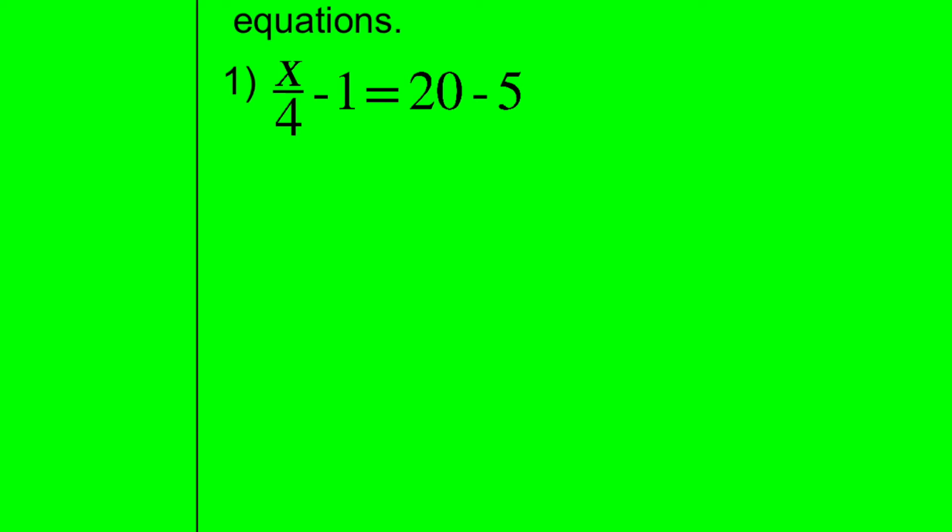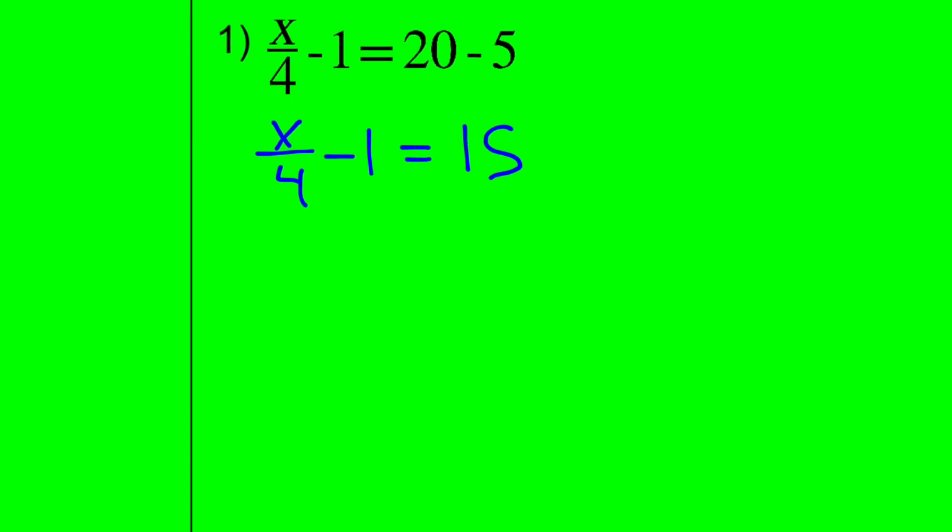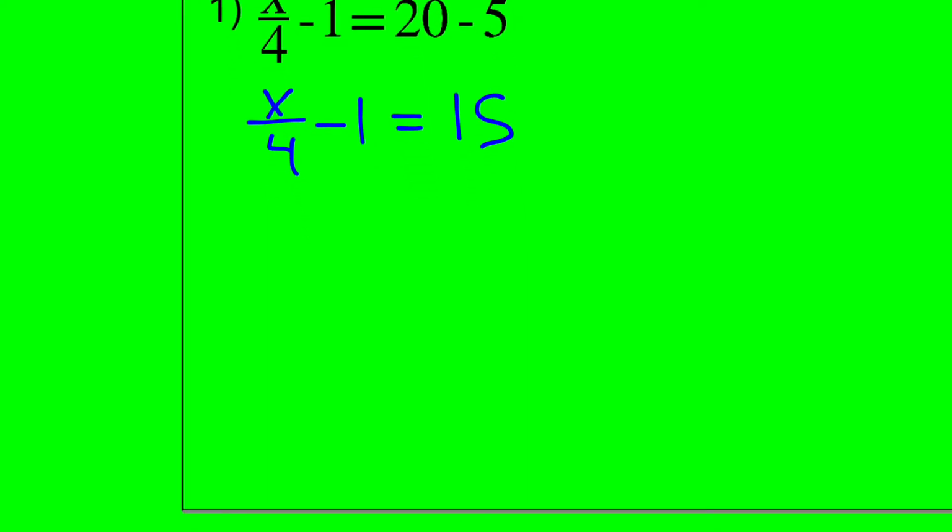So what I would do first is I would rewrite this as x divided by 4 minus 1 equals 20 minus 5 is 15. And then what you have there is a two-step equation that has division and subtraction in it, and you would solve it as you typically would. Add 1 to both sides, and you get x divided by 4 equals 16. And then multiply both sides by 4.